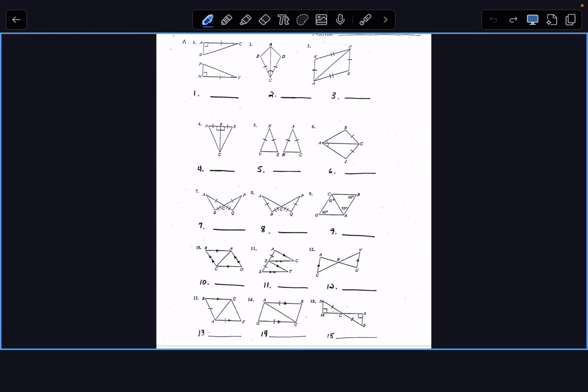I don't feel like we have enough information. No, there's a Z. So it shows that C and T are equal.